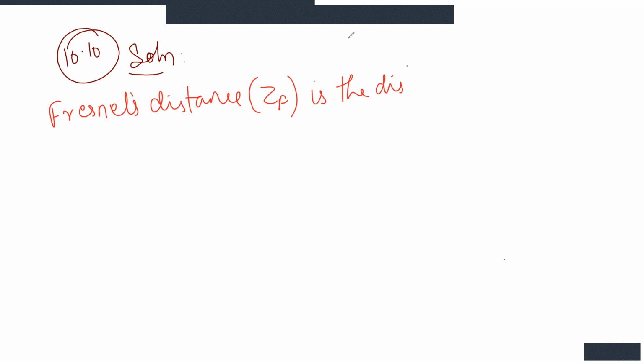What have they asked? We know the Fresnel distance. So Fresnel distance, represented by ZF, is the distance for which ray optics is good approximation.